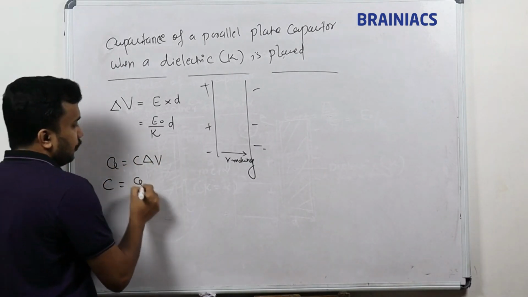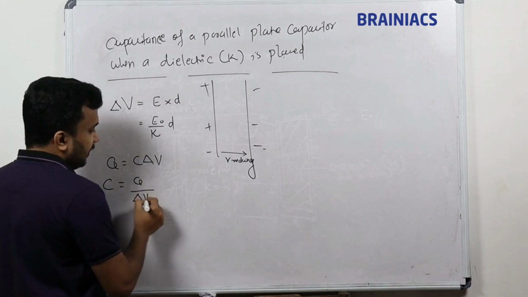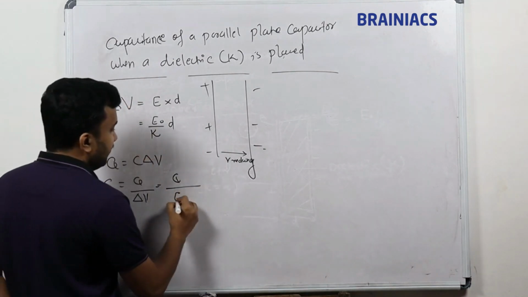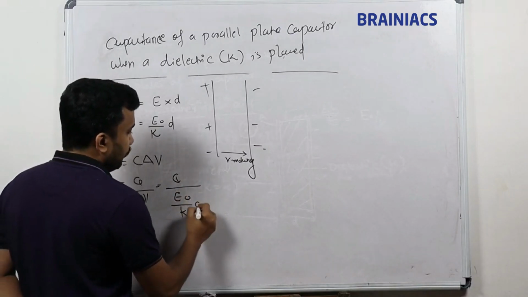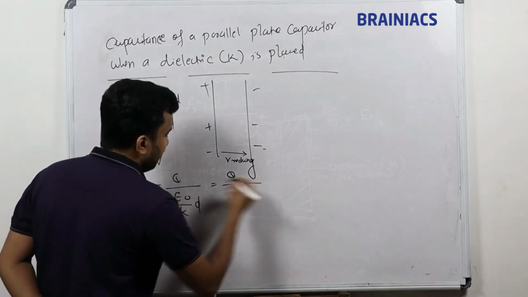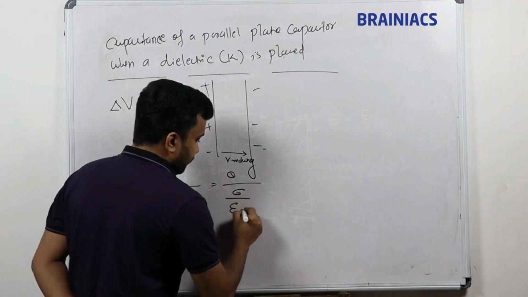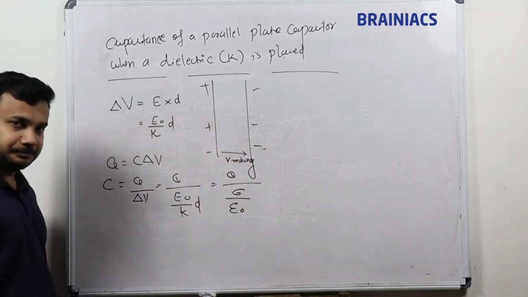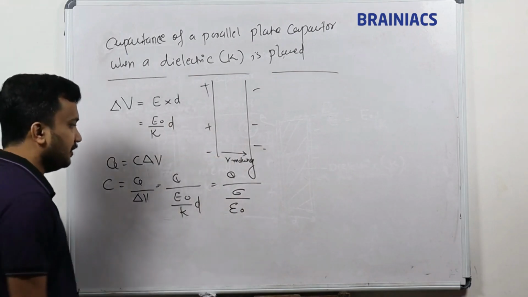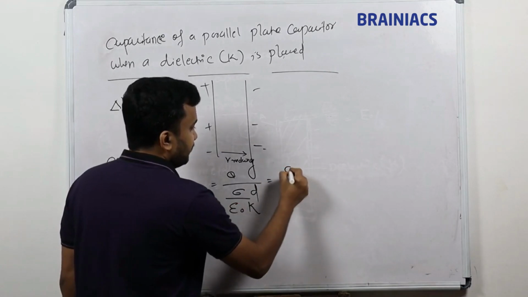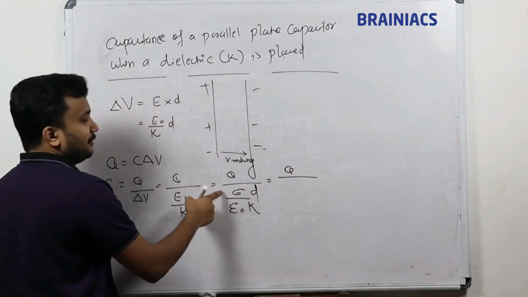So C will be equal to Q divided by delta V. We have to substitute: Q divided by delta V, which is E0 by K into D, which is equal to Q by, what is E0? E0 means sigma divided by epsilon 0 between the two plates. This we have already seen, right? Into D, and this is K. Again simplifying Q, what is sigma?